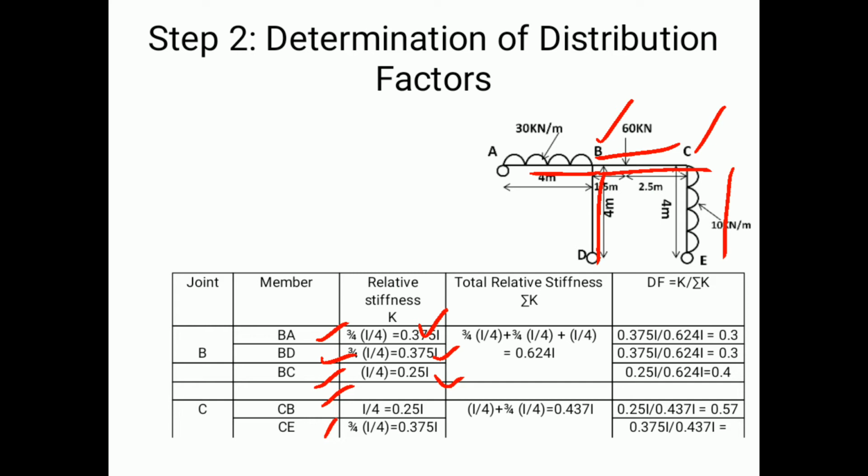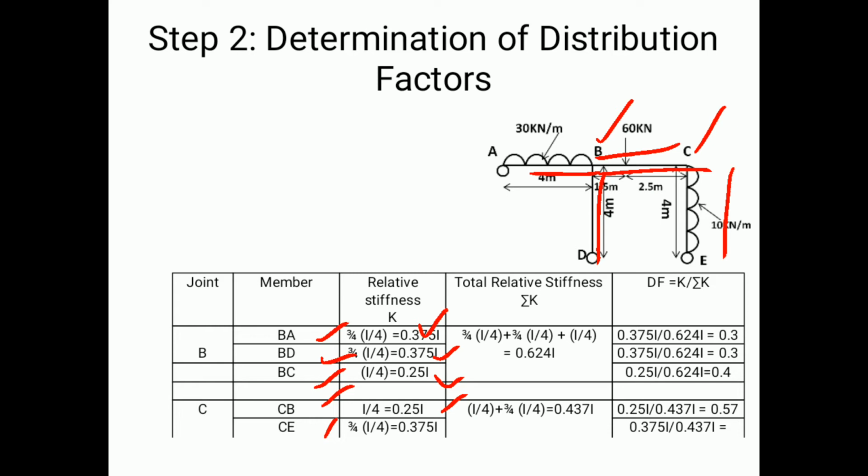B is a continuous support here, so for a continuous support the relative stiffness will be equal to I by L. I remains constant, L is equal to 4 meters. So it is I by 4, that is 0.25 I.